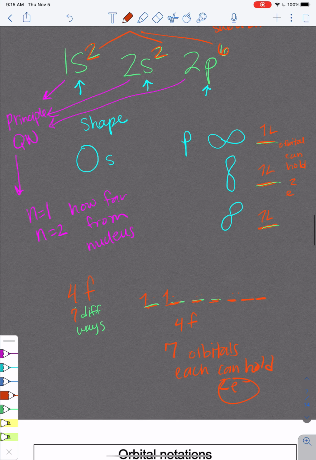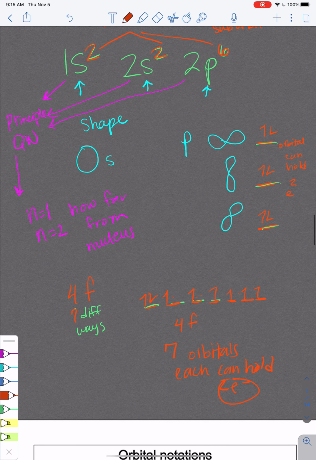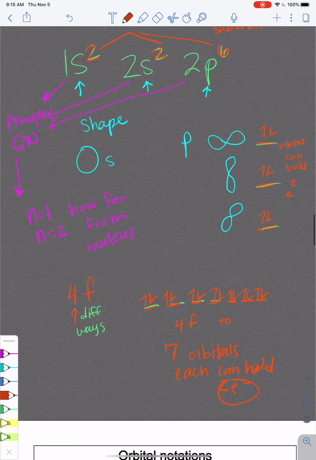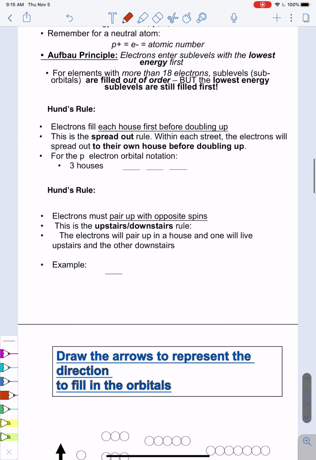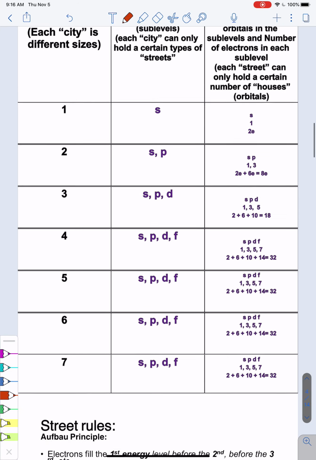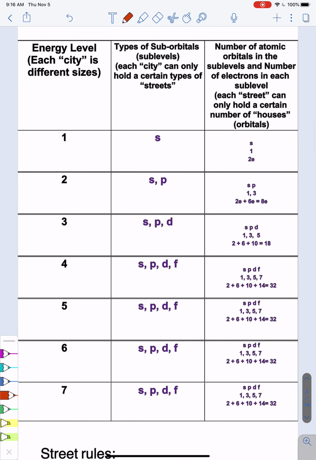We spread them out. There's my first 7, and then the next 7 will come up and pair with the opposite spin. So total, the f orbital can hold 14 electrons. So on your paper, that's why this up here is showing you the s orbital holds 2 electrons, the p orbital holds 6, d 10.